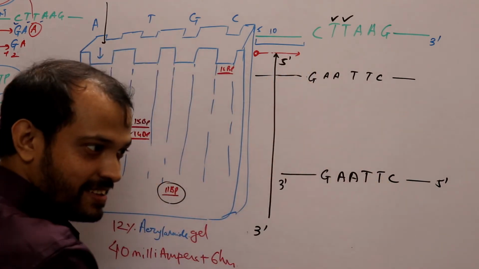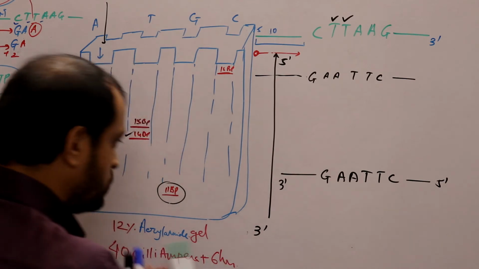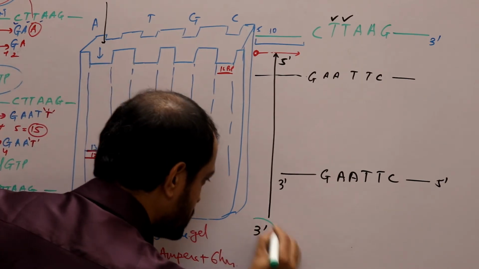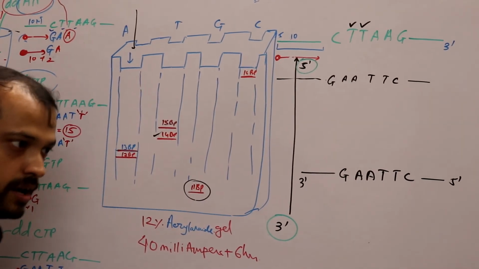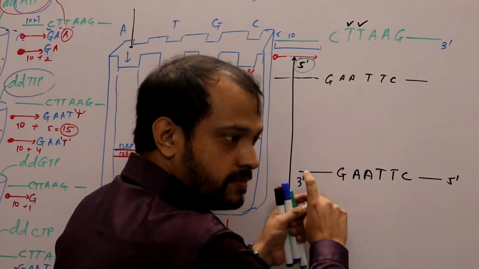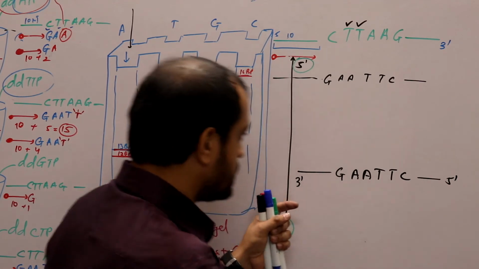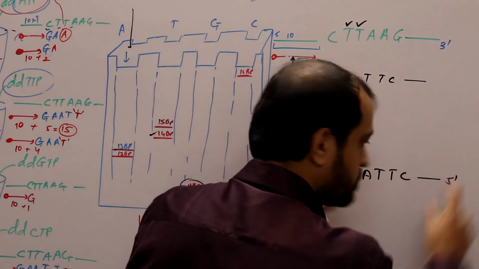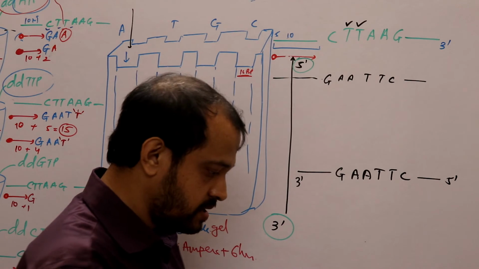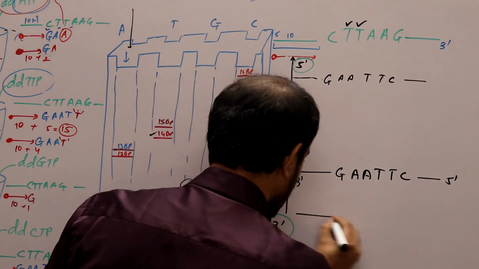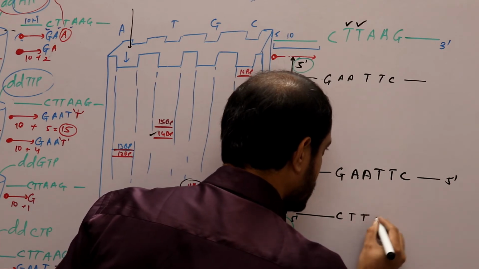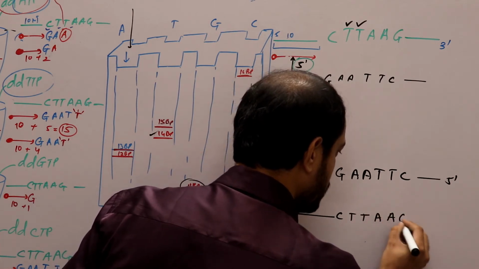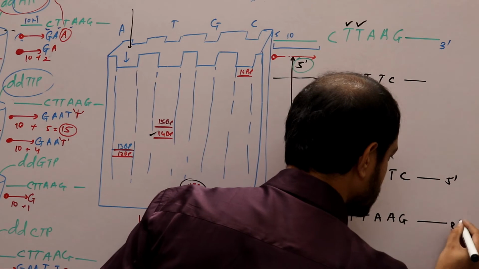Now listen, you will always have to remember the lower portion is 3 prime, the upper portion is 5 prime. Now when you have got the sequencing of one strand of DNA, you can easily guess what will be the strand of another, right?